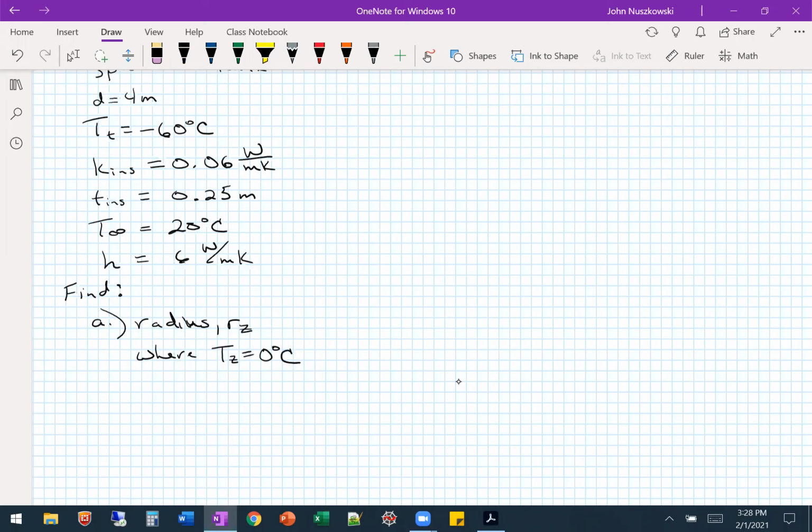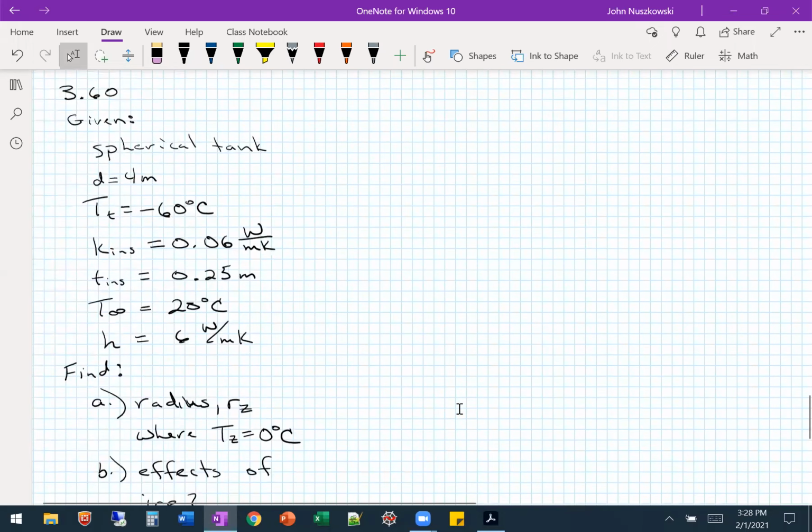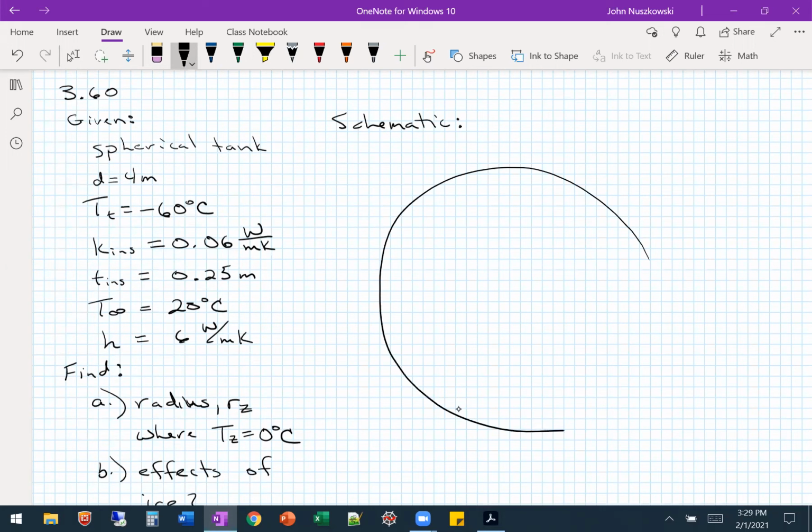And then part B is the effects of ice. All right, so our schematic. With our nice sweet circle here.